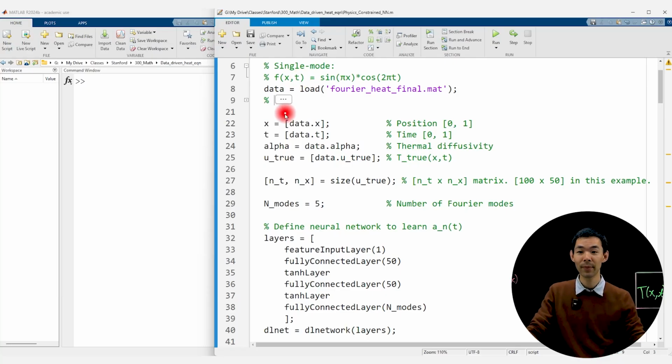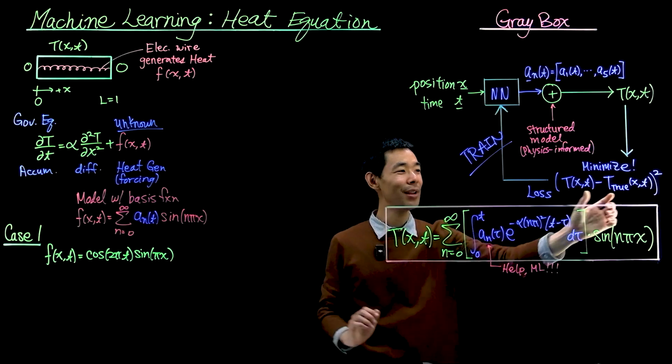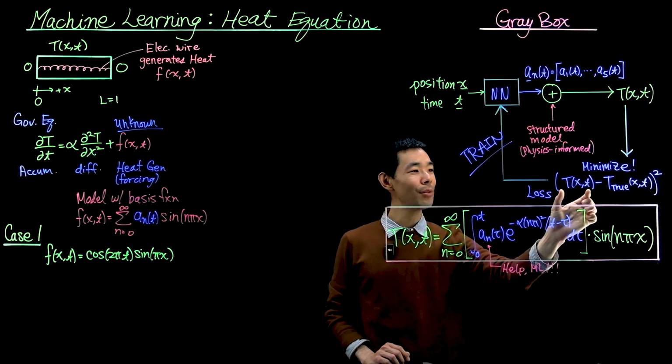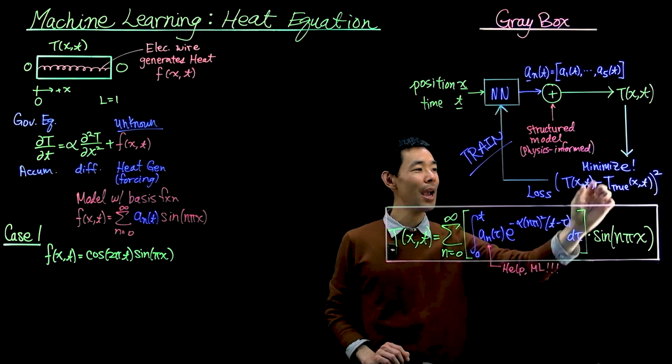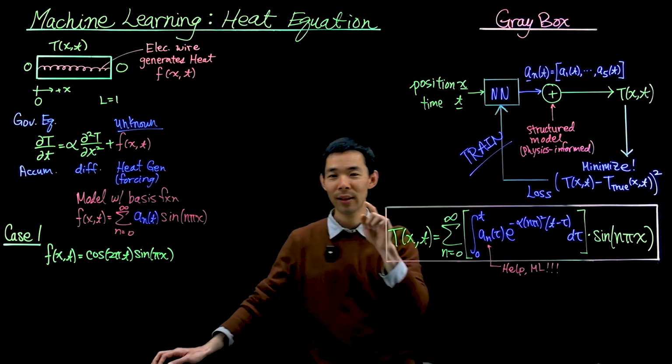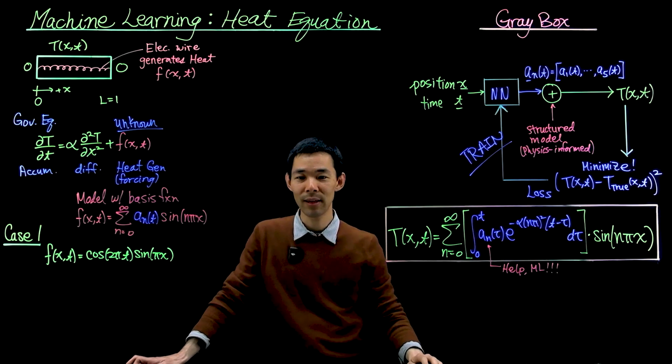The simulated data set. So I'm extracting out those positions, times, the thermal diffusivity that I inputted, which is 0.01, and then the true temperature profile. That's your data, right? That's your T true. This is the final T true data. Over here in the minimization, you're minimizing your model T that you're training from the actual true temperature profile. That's contained in this data set right here.